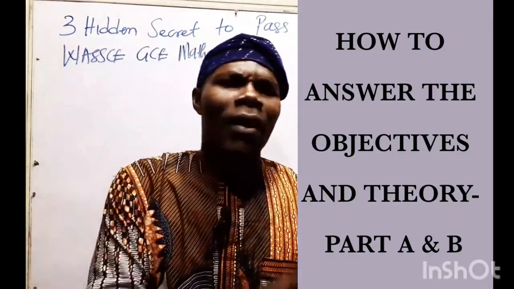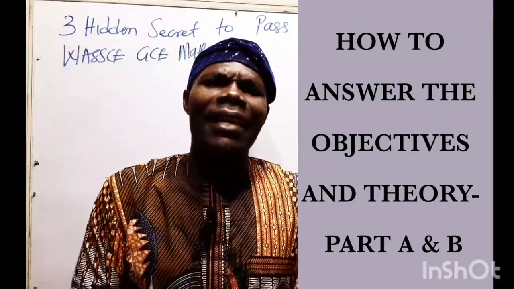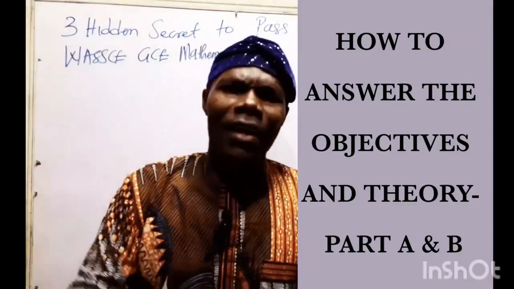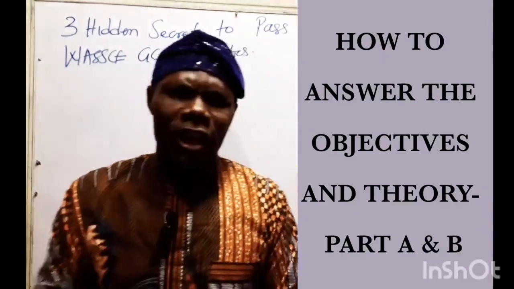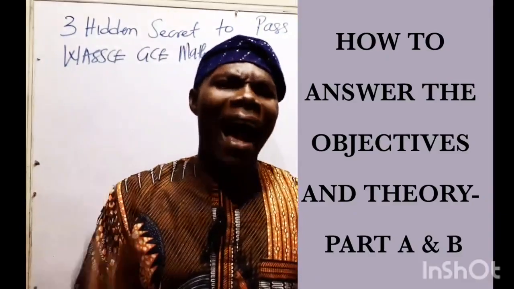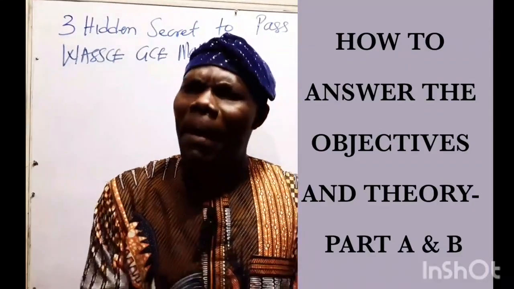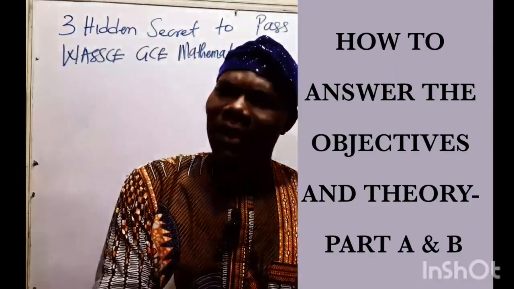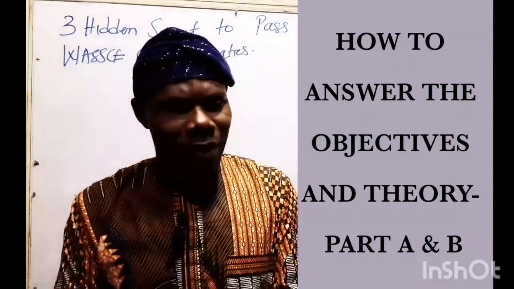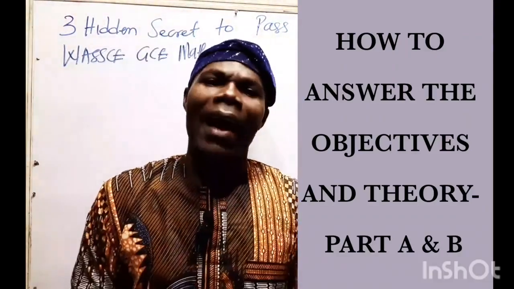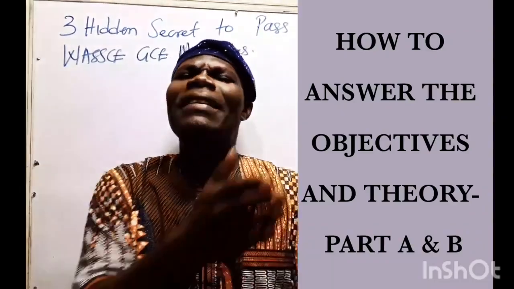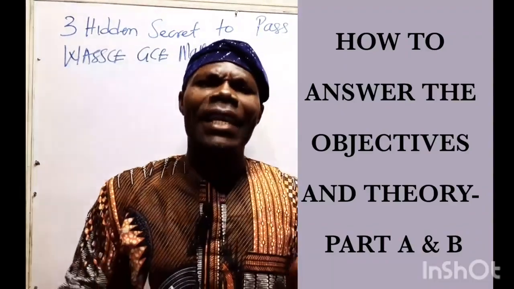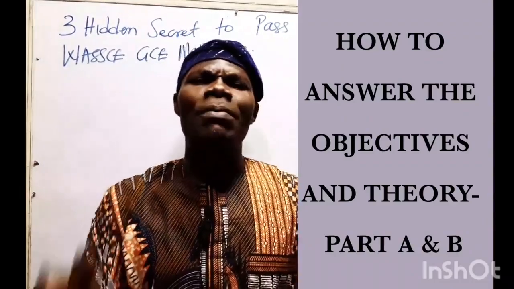From your math set given to you, there is a pencil and ruler. Use the pencil and the ruler to divide the page of your answer sheet. Remember, it is your answer sheet that is even your question sheet now in the WAEC GCE. So you will use the pencil to divide the page. If the page is 4 already, it will be divided.